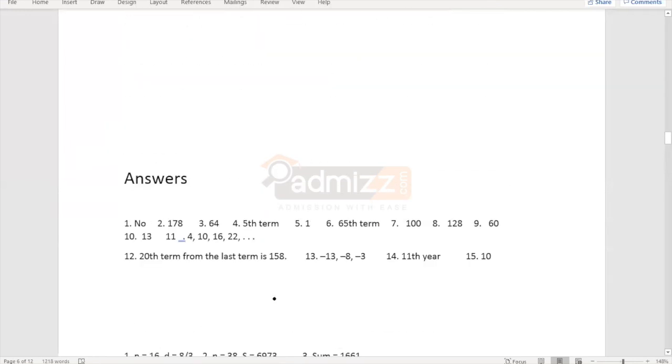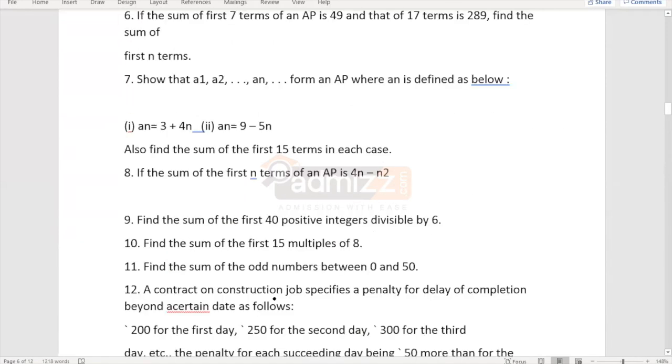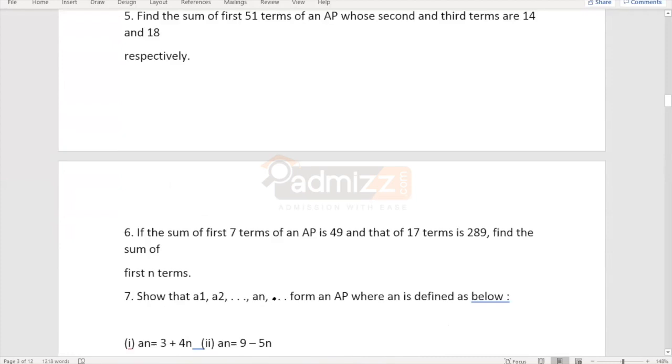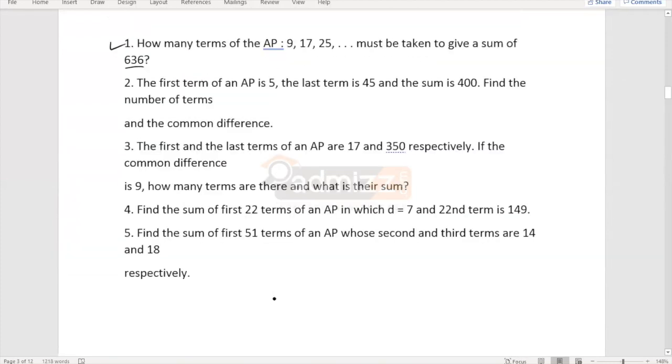And one more, I have also identified three more questions. How many terms of the AP 9, 17, 25 must be taken to give the sum 636?